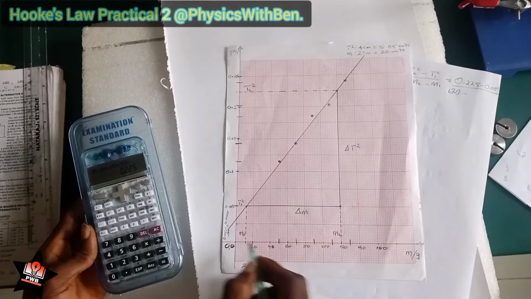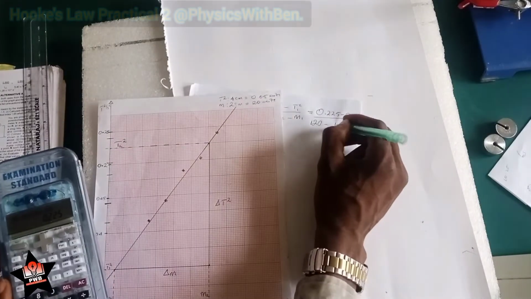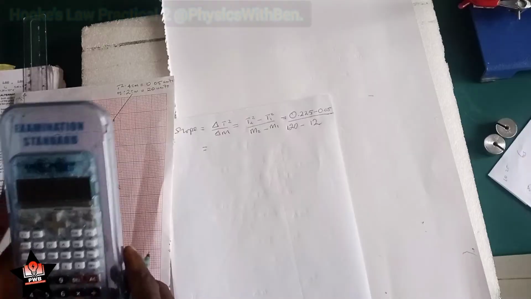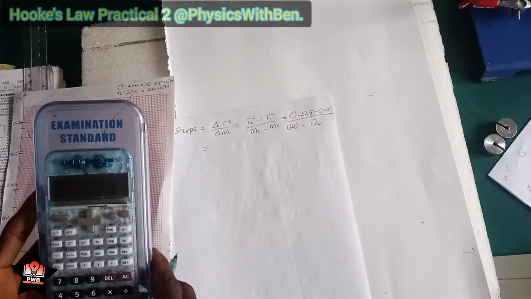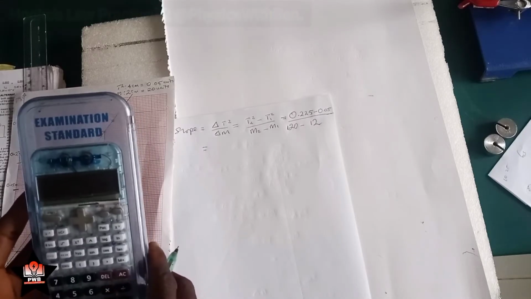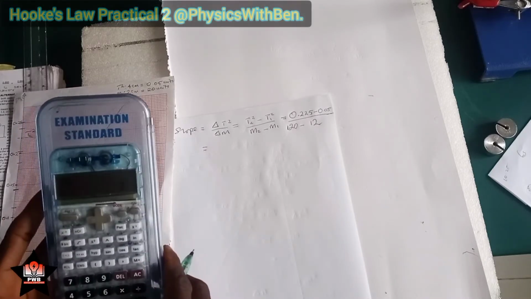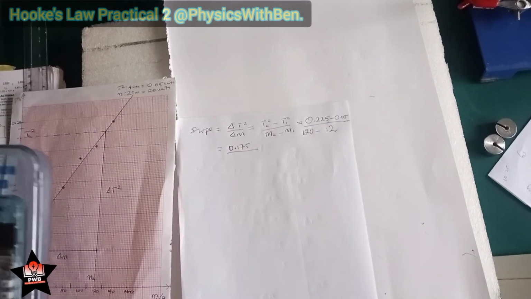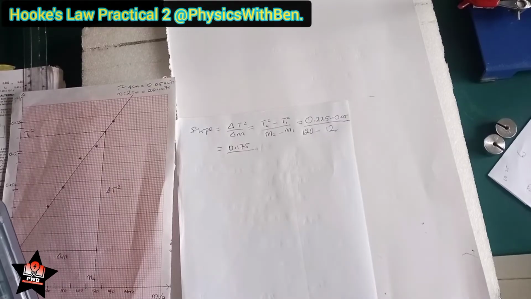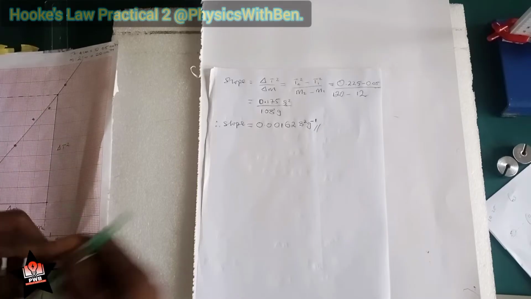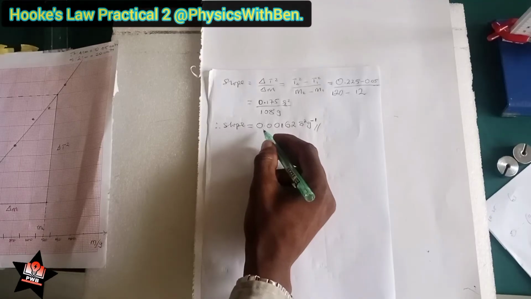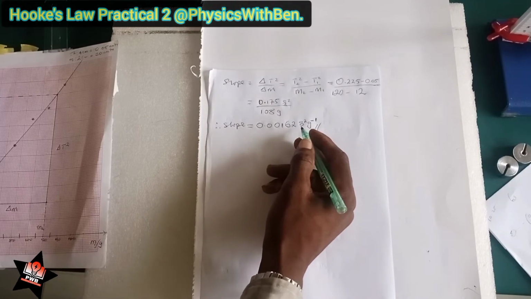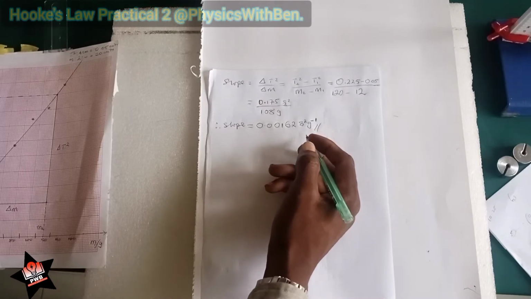Our m1 is on 12. If we do that correctly, we have 0.225, and so the slope is 0.00162 seconds square per gram.